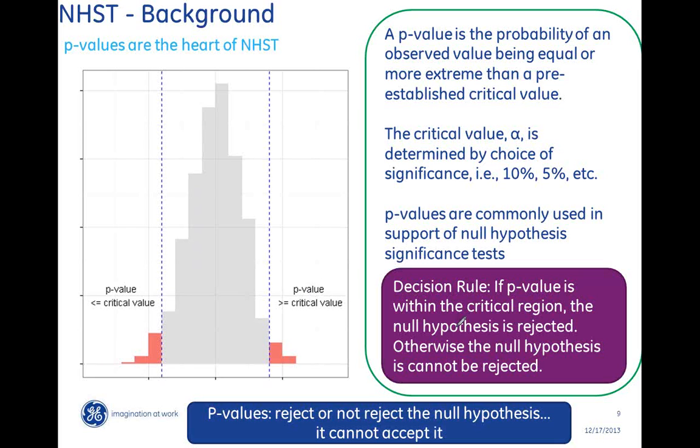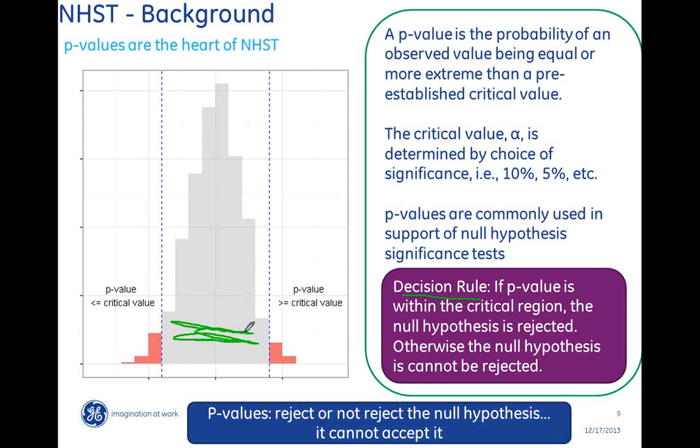All right, so the way you use this is you have a decision rule. If the p-value is within the critical region, then the null hypothesis is rejected. If the p-value is in this region, in between your confidence bound, then the null hypothesis cannot be rejected.